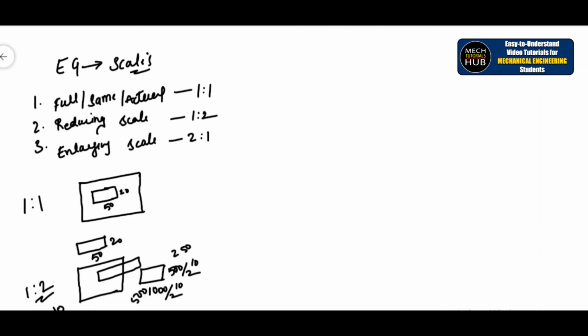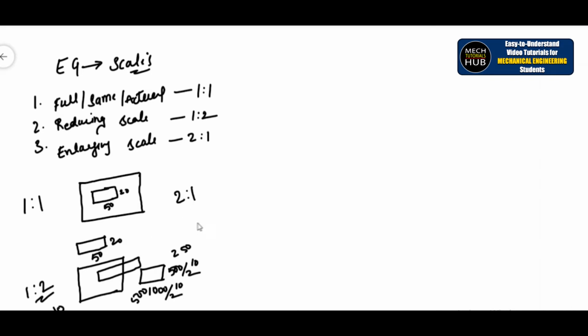Similarly, if you want to further scale down, then we may go by 1:5, 1:6, 1:10. It all depends on the requirement of the customer or of the drawing sheet that we are supposed to use.